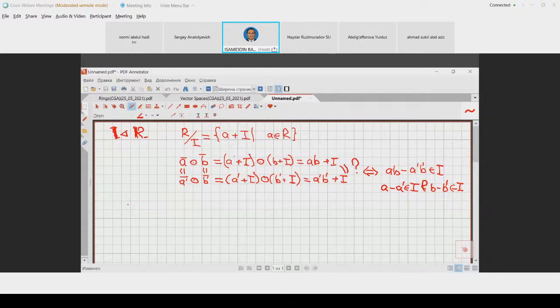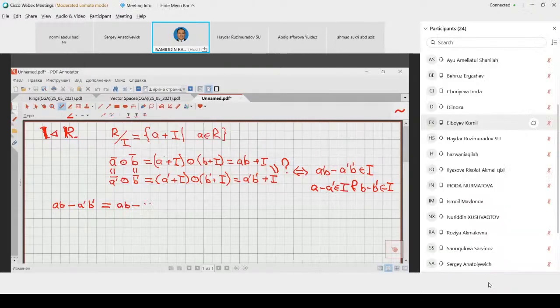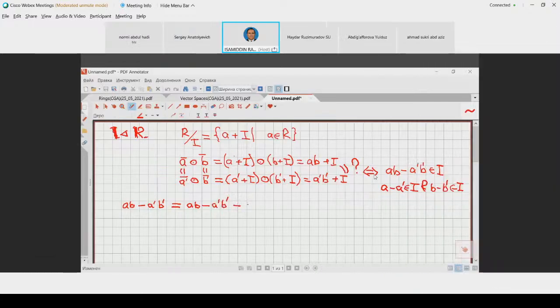It is easy. Just take ab minus a prime b prime. Write it as follows: ab minus a prime b prime, add a prime b and subtract a prime b.